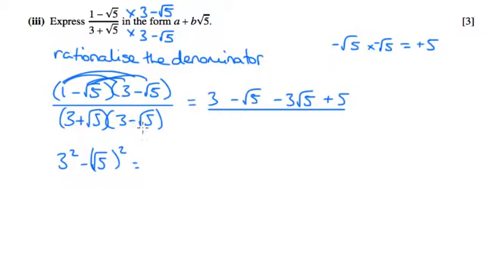That's why we chose to times by 3 minus root 5, so that we could use the difference of 2 squares. That's obviously going to give us 9. And again, we've got root 5 times root 5, which is 5. We've just said that up here. So the value of that is going to be 4. So I can put a 4 there. Just box that off.